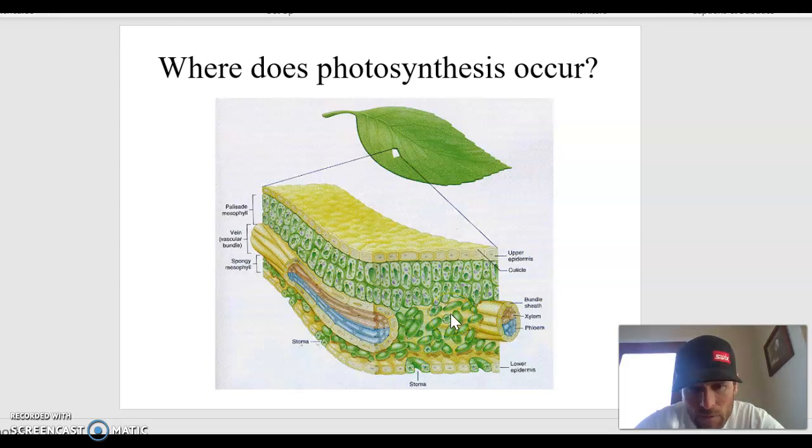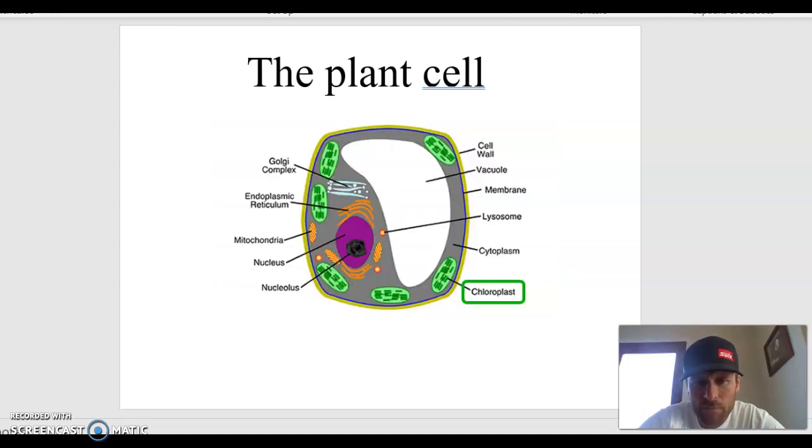And so the chloroplasts are found in this spongy mesophyll layer. So if we look inside at a plant cell here, the organelle we care about are the chloroplasts in this plant cell. And so inside the chloroplast are going to be all the chemical reactions that happen in photosynthesis.